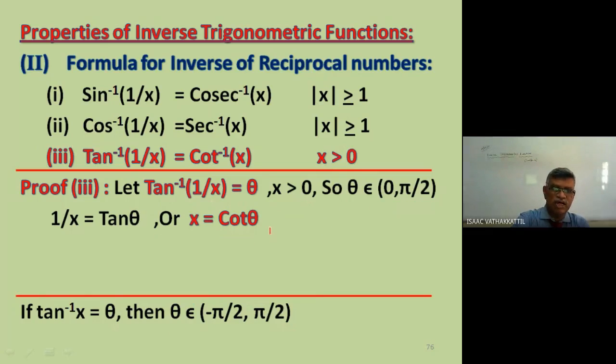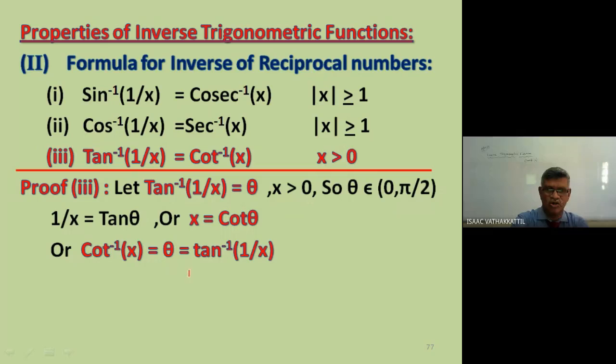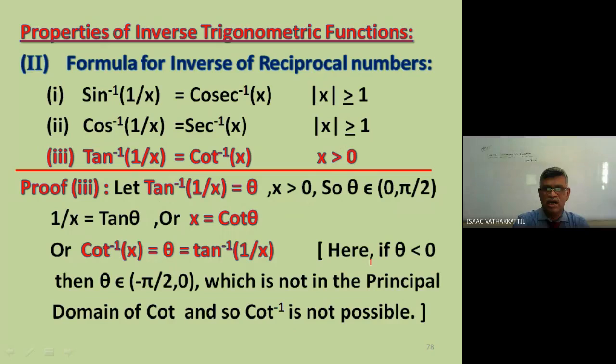So 1 by x equal to tan theta or x equal to cot theta. What about cot inverse x? Cot inverse x equal to theta, that is tan inverse 1 by x. Fine. Tan inverse 1 by x equal to cot inverse x. What happens if theta less than 0? If theta less than 0, theta will belong to minus pi by 2 to 0, where we cannot take cot inverse because minus pi by 2 to 0 is not in the principal domain of cot.